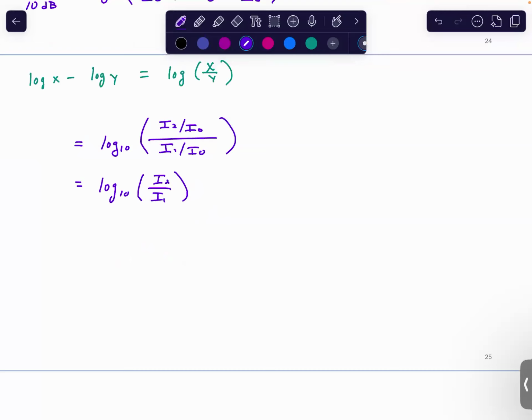Okay, so we have this. Now, if we want the I2 over I1, we need to reverse the logarithm again. So that's going to give us 10 to the beta 2 minus beta 1 over 10. It's going to be 5, so 10 to the 5/10, which is going to give us 3.16. So that ratio, when your decibels change by 5 decibels, you get an intensity that's 3.16 times greater than the original intensity.